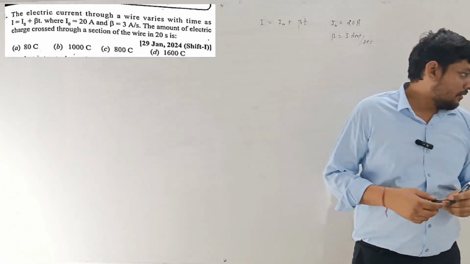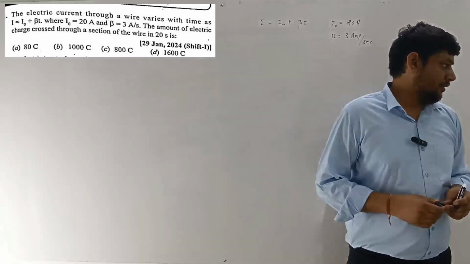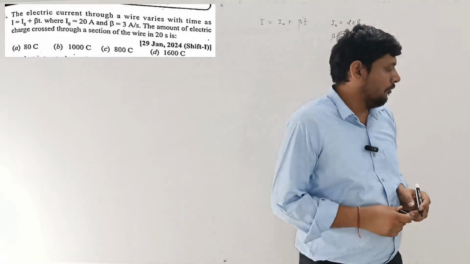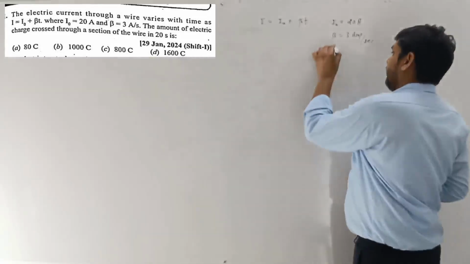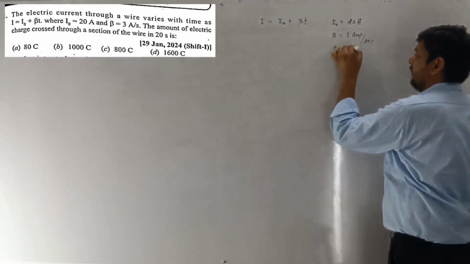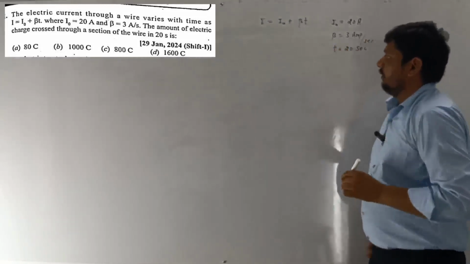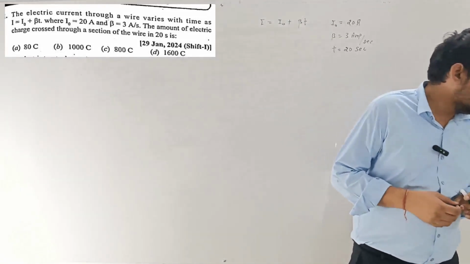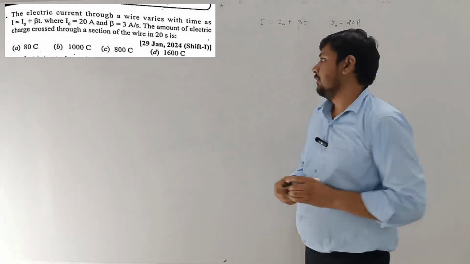The amount of electric charge crossed through a section of the wire in 20 seconds. We are given the time interval of 20 seconds, and we have to find the charge in coulomb.